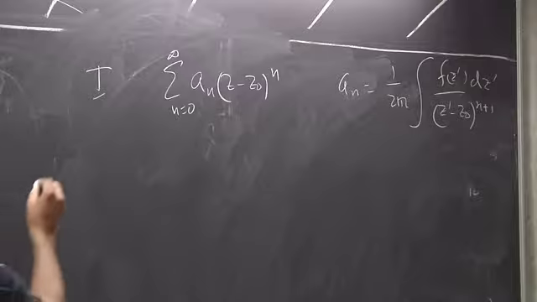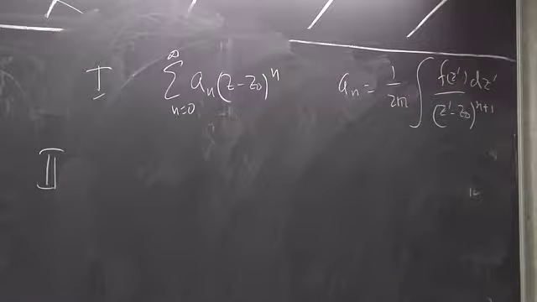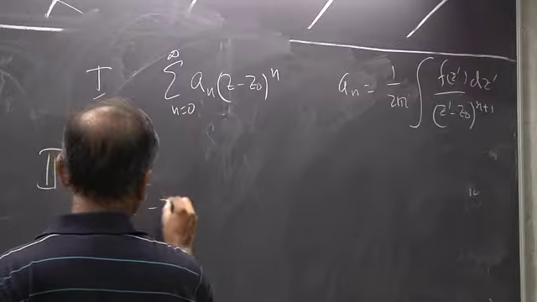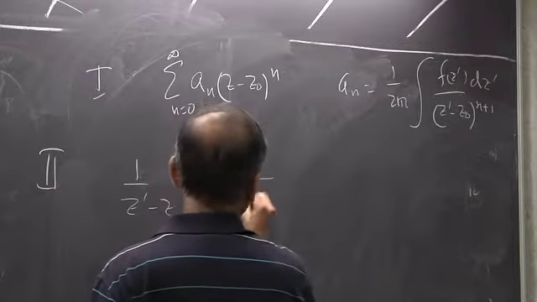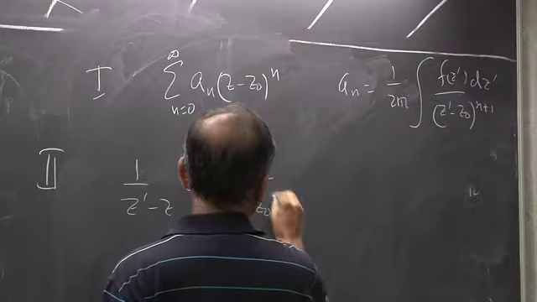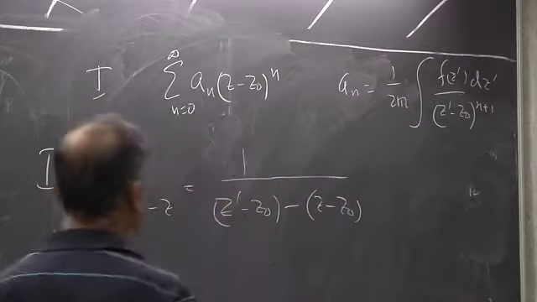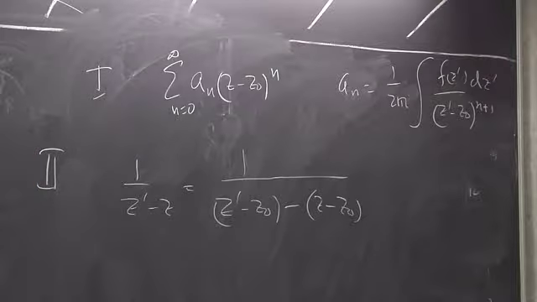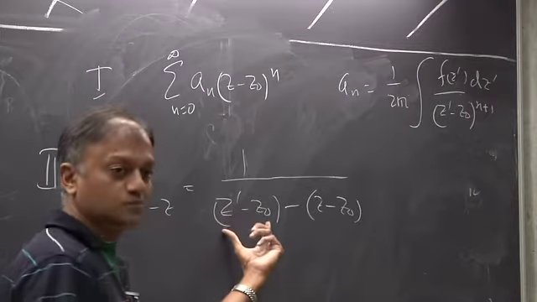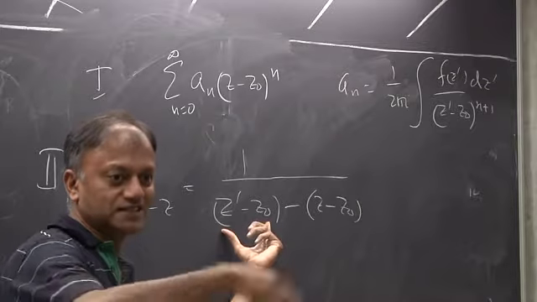Now let's look at the second integral. Again I do the same trick. I write 1 over z prime minus z as z prime minus z naught minus z minus z naught. This is fine. However, now z prime minus z naught has a length which is small r, because it's the inner circle.